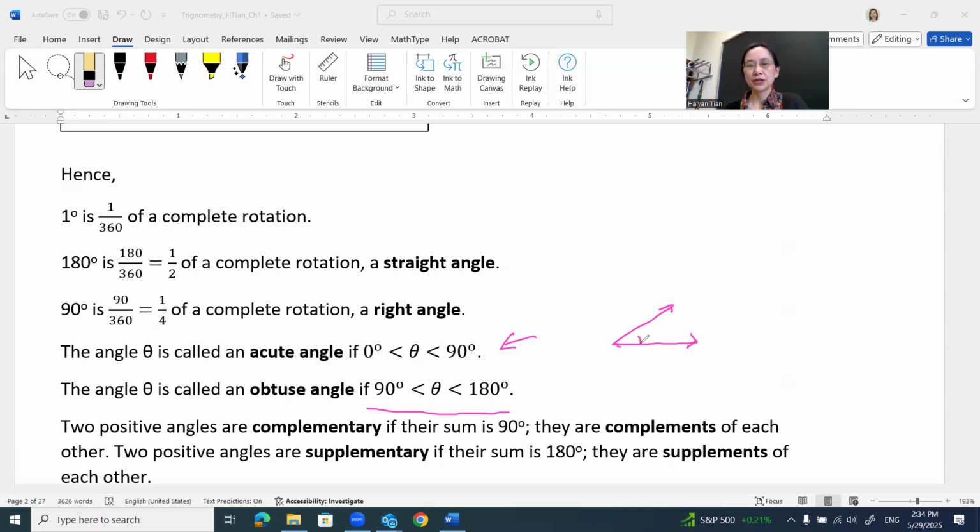So here, this is an acute angle. And obtuse angle, okay, from initial, but it's bigger than 90 degrees. However, it must be less than 180. So here we get an obtuse angle. All right, you get some intuitive understanding of these terms.